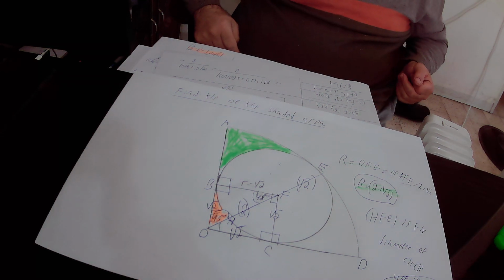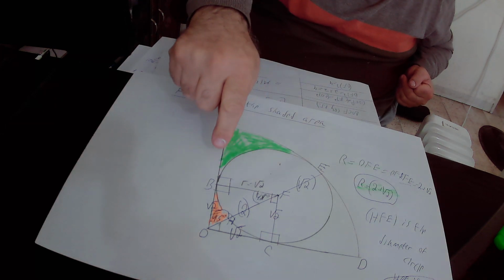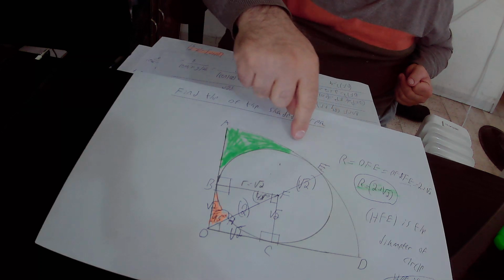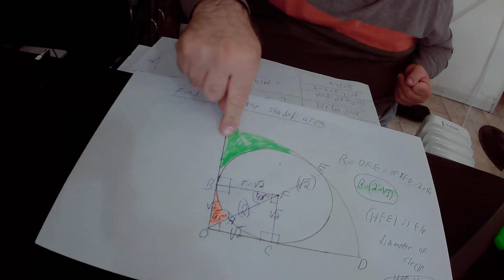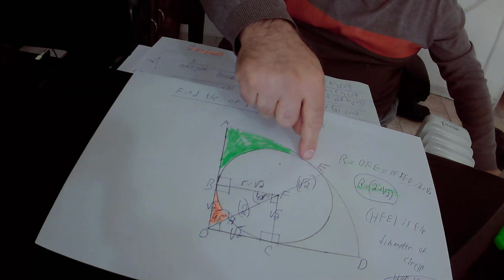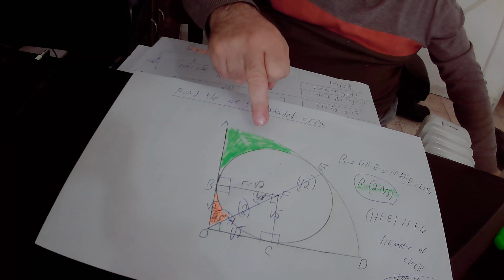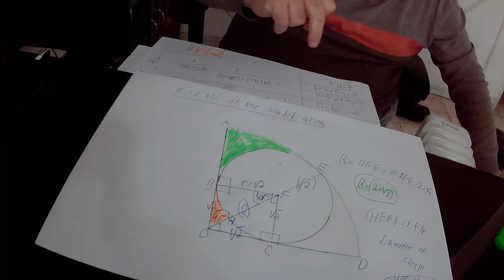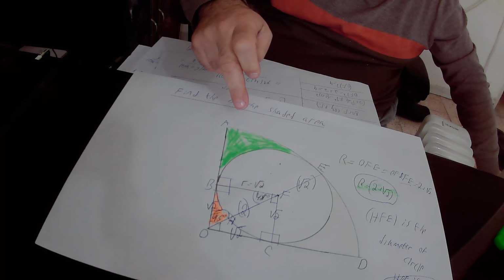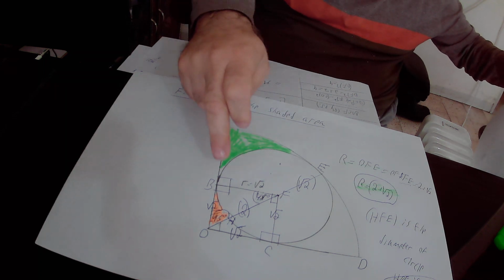and what is the definition of this shape AOE? Actually, this shape AOE is a sector of the quarter circle, or a sector of the big circle, that the quarter circle is part of.